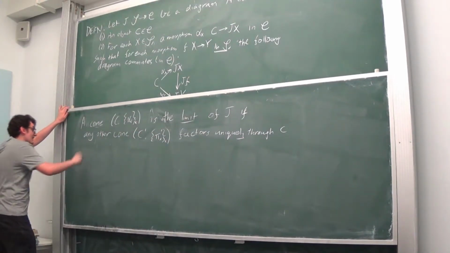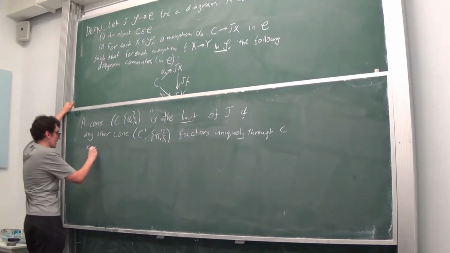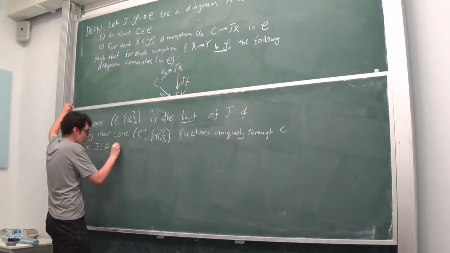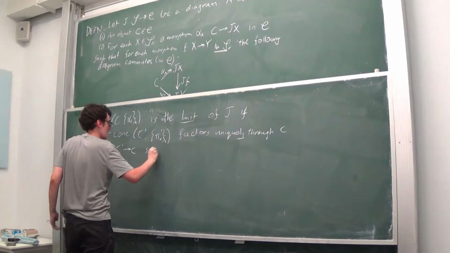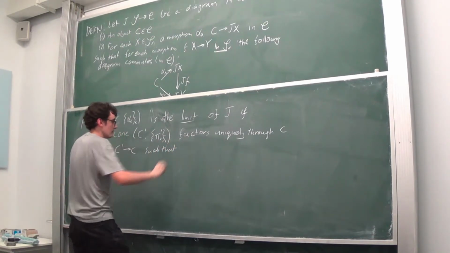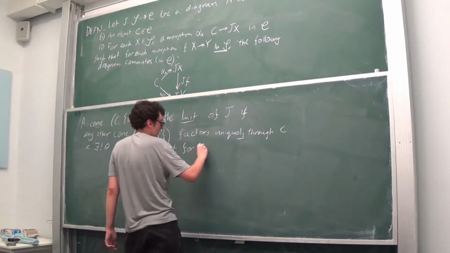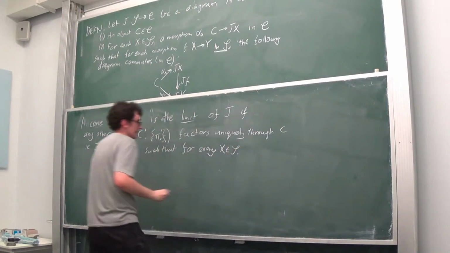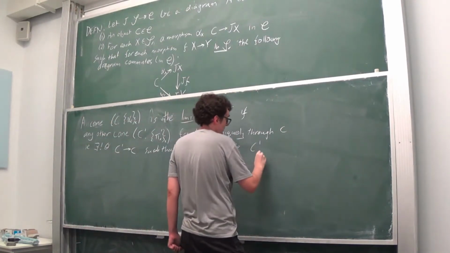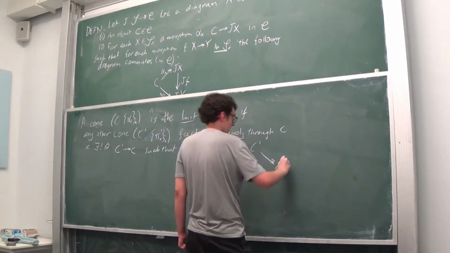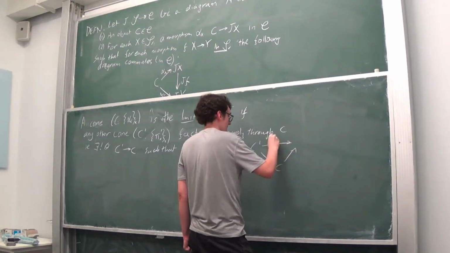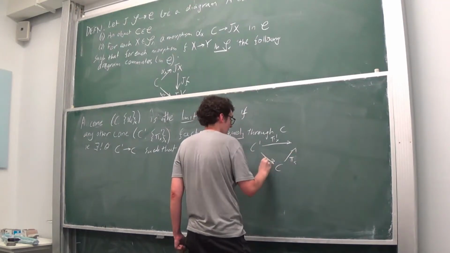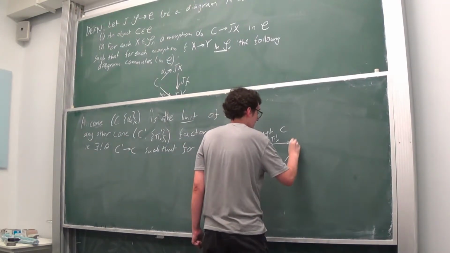So what does that concretely mean? It means that there exists a unique map theta which goes from C prime to C, such that for every object X in J, the following commutes: it's C prime, that's C, that's pi prime X, that's pi X, and that's theta, and that's JX.